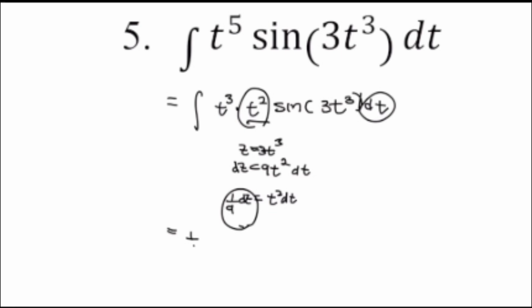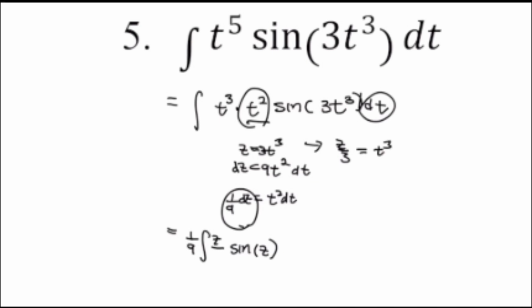So 1/9 comes out to the front, and then we have a dz instead of t squared dt inside. And then sine z, because z is 3t to the third. And then t to the third we can simplify as z over 3, so we're putting everything in terms of z.